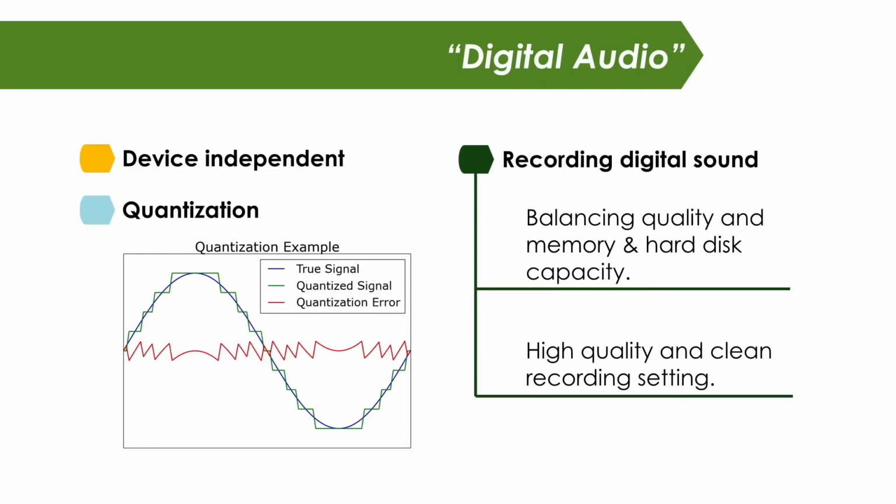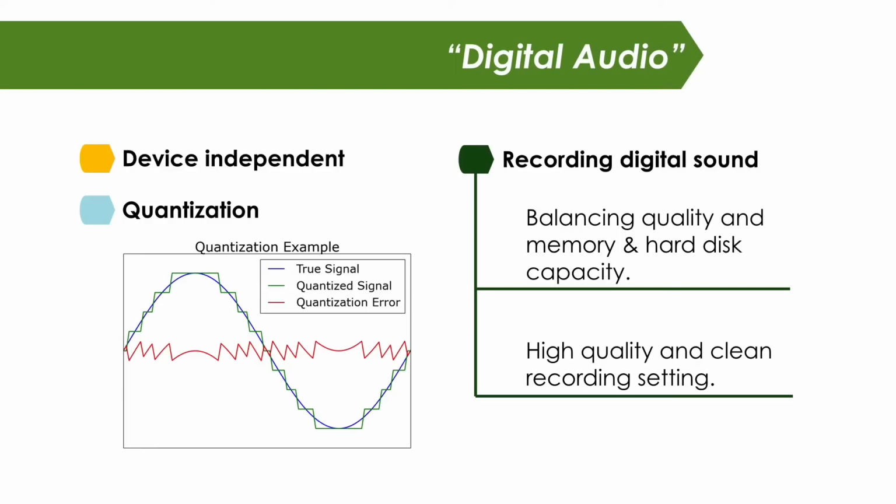Okay, now what about the quantization? Basically, quantization is the process of converting the analog wave into the discrete value or into the digital value. So quantization is the process of converting the analog audio into the digital audio.